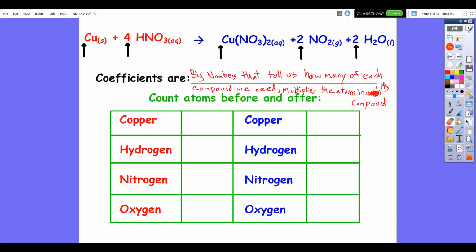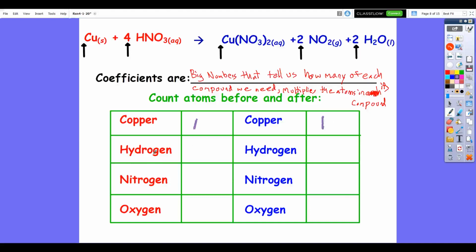Then on the other side, again, I have no coefficient in front of my copper. I have no subscript, so that's 1. So 1 times 1 means on this side, I have 1 copper again.